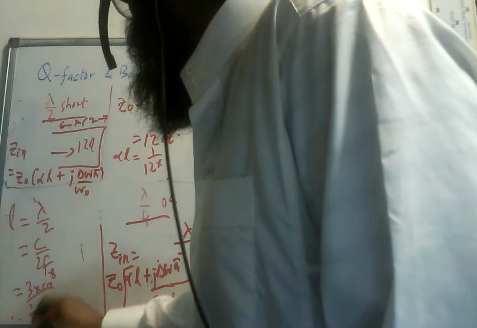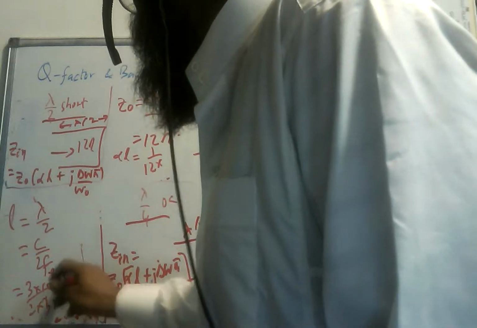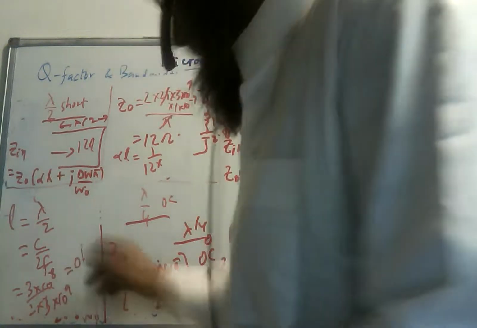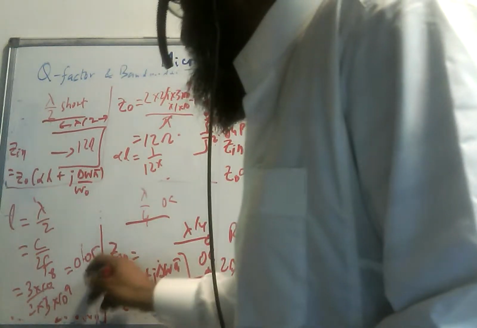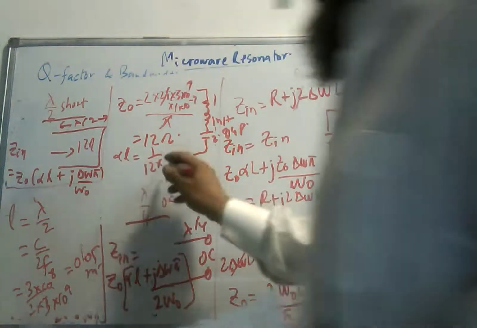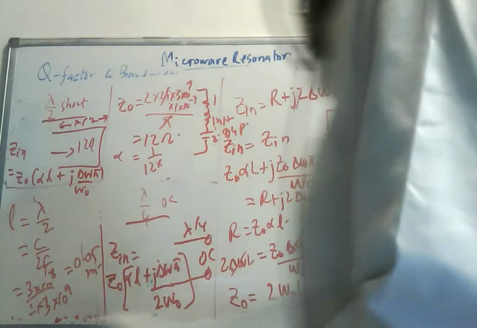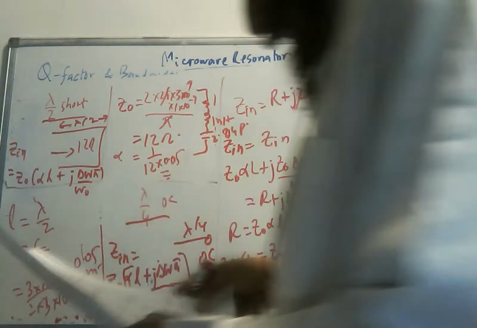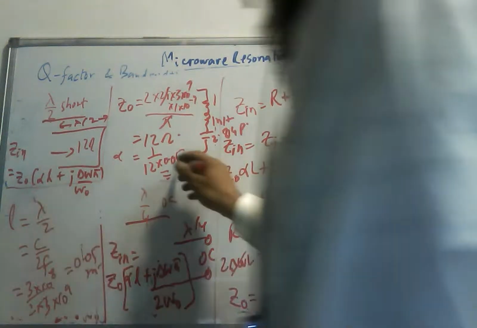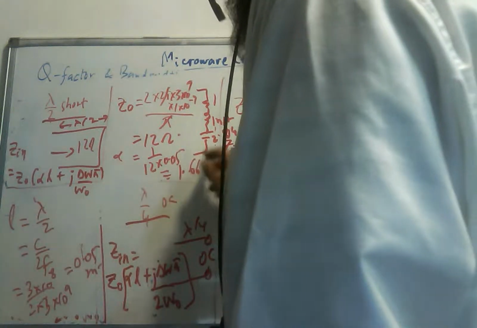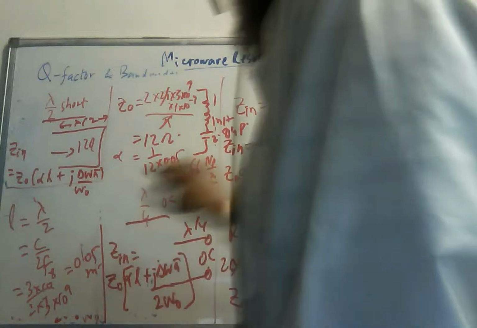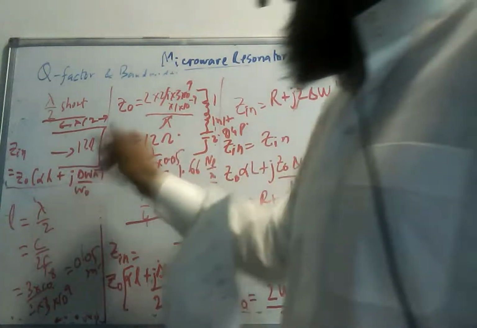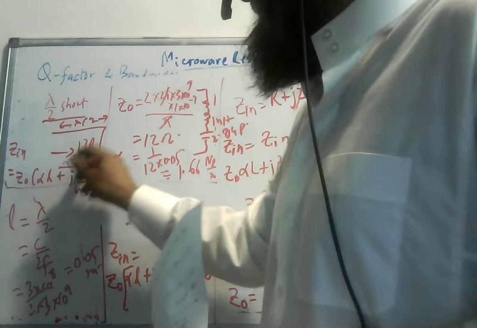So this is 3 multiplied by 10 to the power 8 divided by 2 multiplied by 3 multiplied by 10 to the power 9. So this comes out to be 0.05 meters. So my alpha will be R divided by Z naught L, so 0.05, and this comes out to be 1.66 Napier per meter. So now I have both of these: 12 and alpha equal to 1.66.